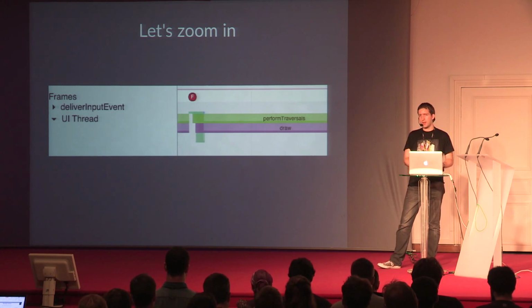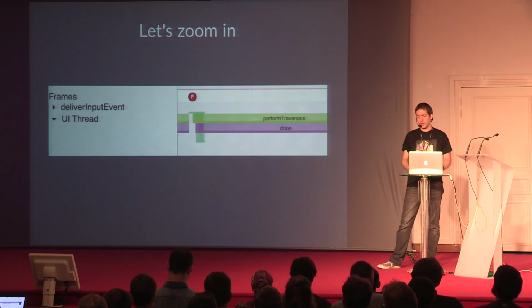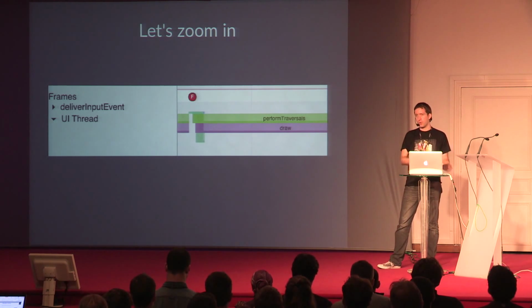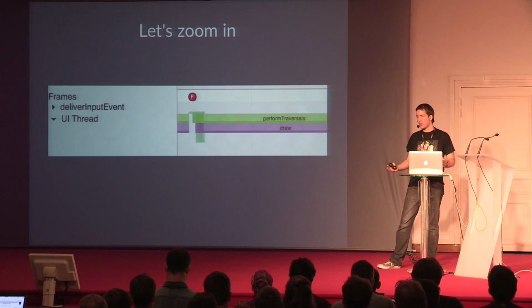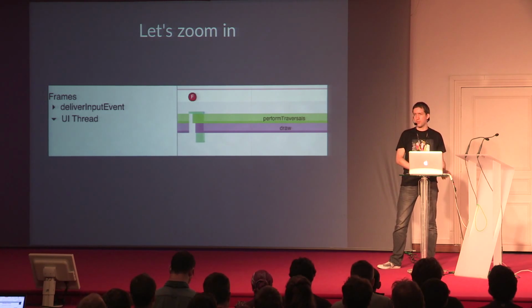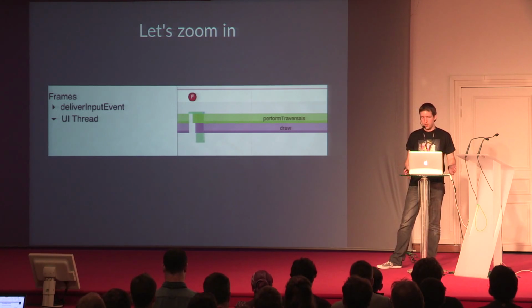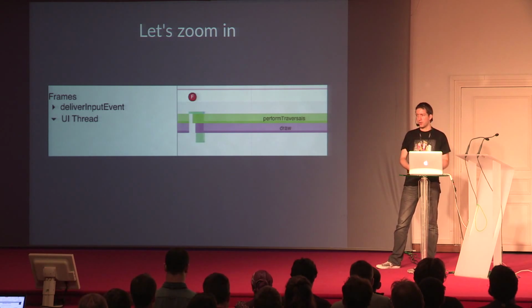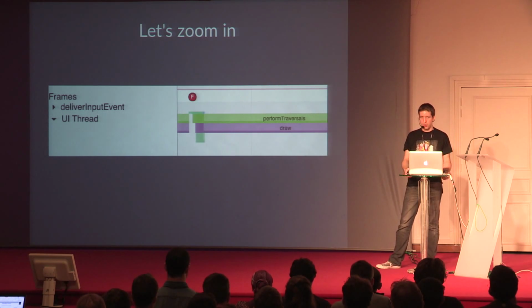So the system had no choice but to not display anything during that frame and wait for the next one. Again, if it is only one frame missed, it's not the worst thing, but if we are missing a lot of them, we have a problem.